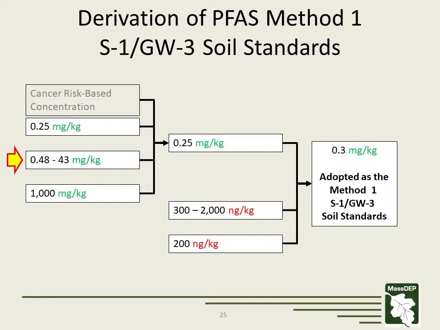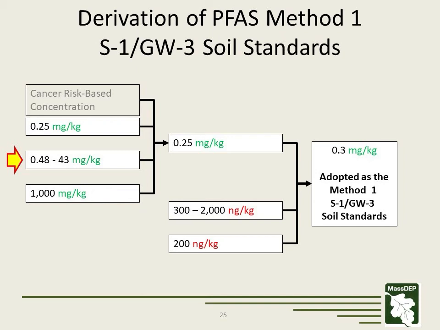And in fact, the only thing that changes is the target groundwater concentration, which for the S1 GW3 soil standard would be the GW3 groundwater standard. You'll remember that we set chemical-specific groundwater 3 standards for the 6 PFAS compounds, so the leaching-based concentration you see here is expressed as a range for those 6 PFAS compounds, 0.48 to 43 milligrams per kilogram.